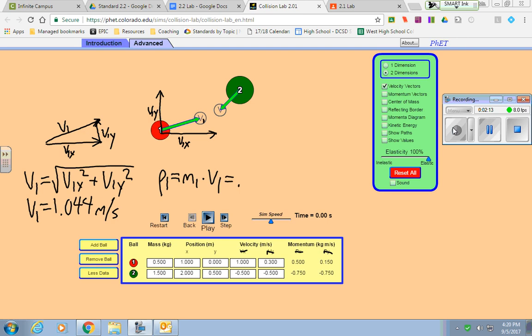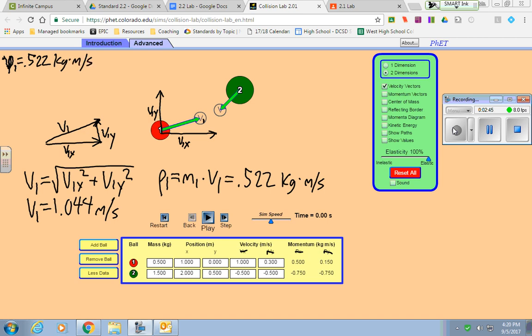What we get is 0.522 kilograms times meters per second. So let's keep that momentum in mind and put it all the way up here. P1 equals 0.522 kilograms times meters per second.